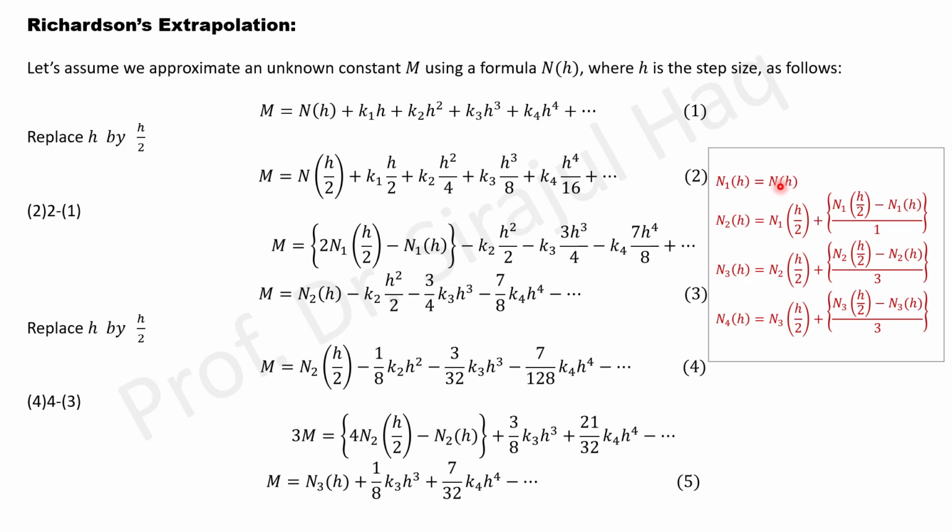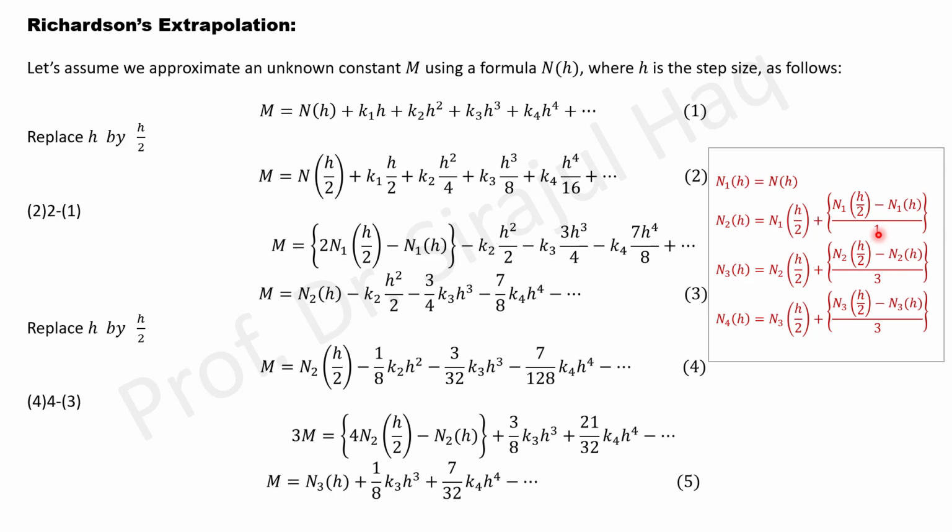Replaced n by n1 of h. This term, I have split into n1 of h divided by 2 plus n1 of h divided by 2, which you can see over there, minus n1 of h. Since the coefficient of m is 1, I did the division by 1. Doesn't matter, it doesn't create any problem.